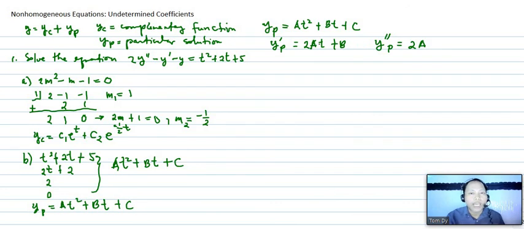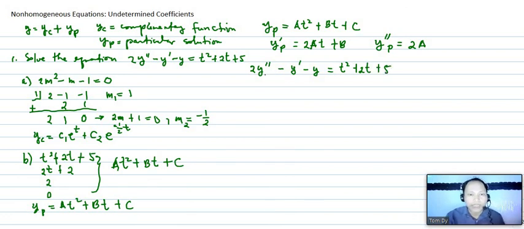After we have up to the second derivative of y sub p, we will go back to this equation. So we will write here 2y double prime minus y prime minus y is equivalent to t squared plus 2t plus 5.